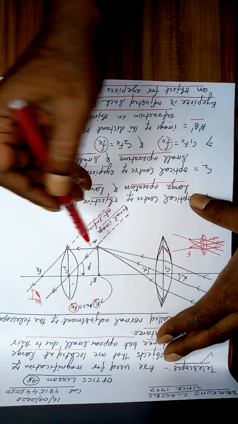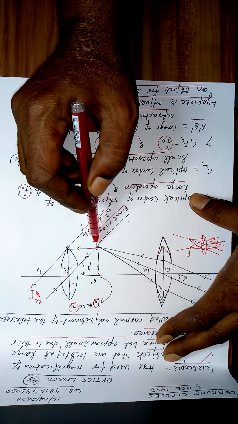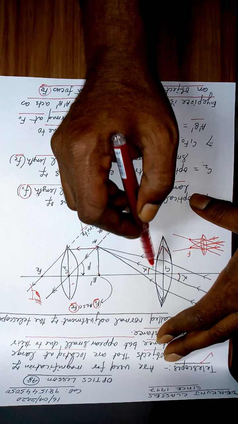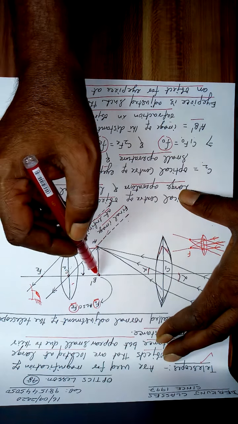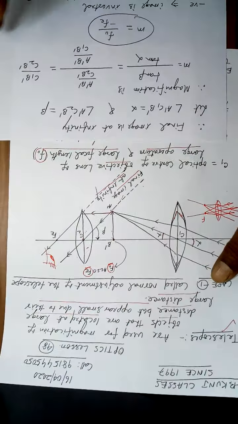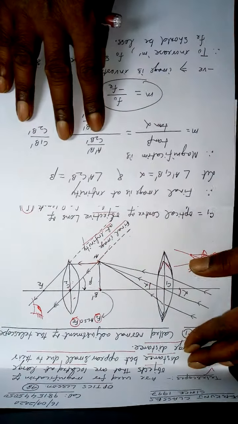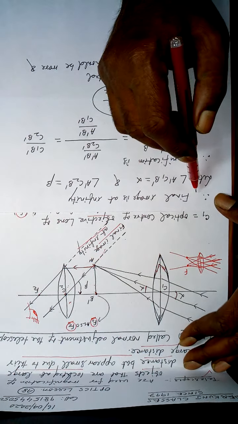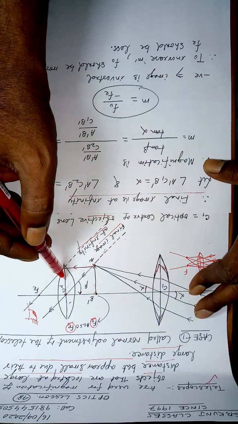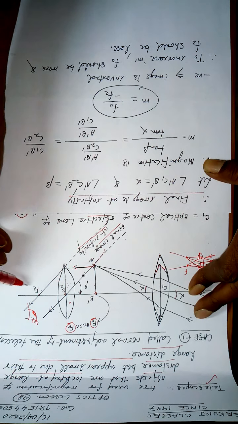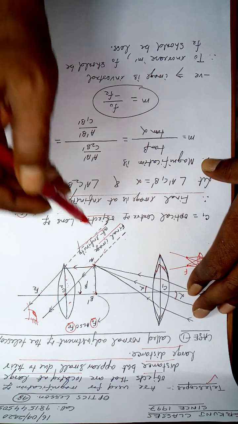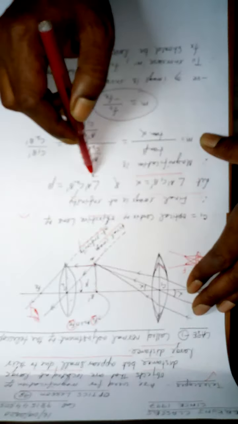Now let us analyze the expression for magnification. Let angle A dash C1 B dash be alpha. If this is alpha, this will also be alpha, vertically opposite. Angle A dash C2 B dash is beta. As I explained, the final image is at infinity because A dash B dash is at the focus of the eyepiece.